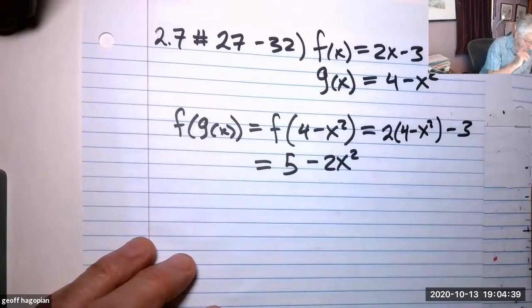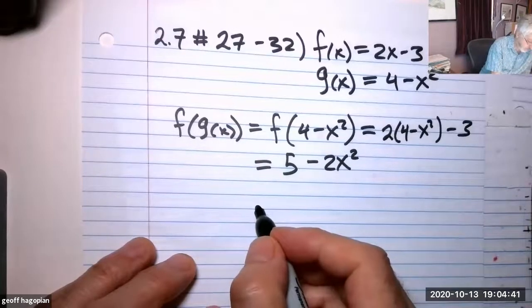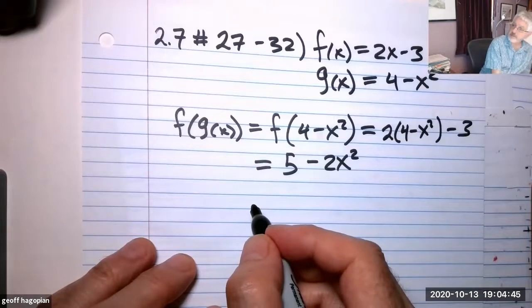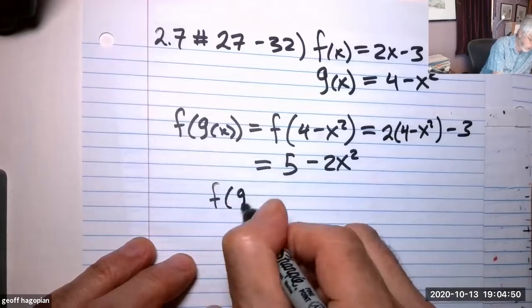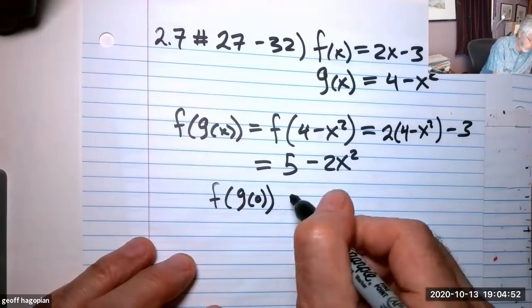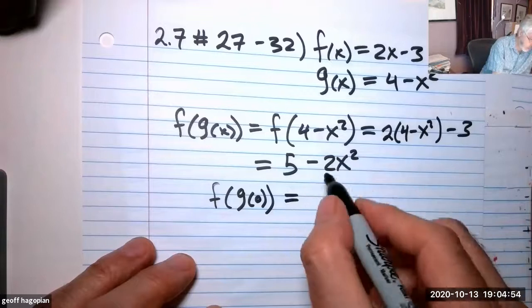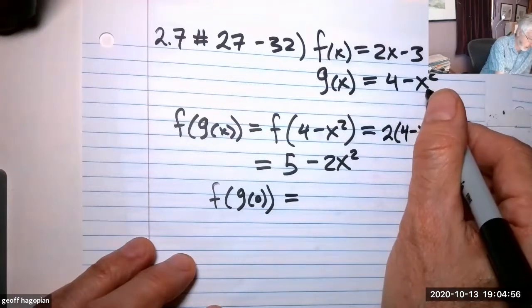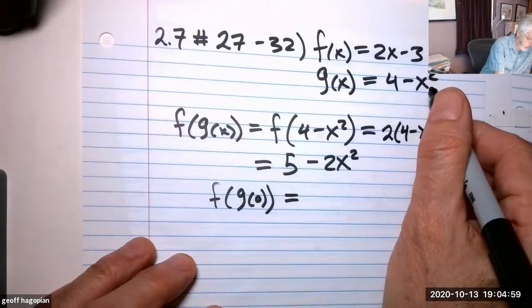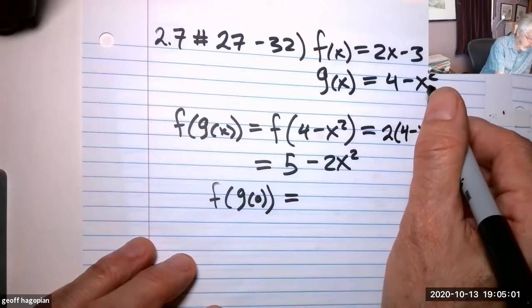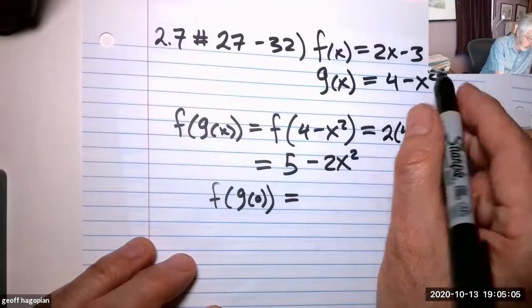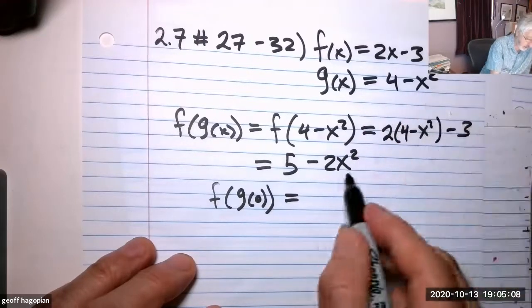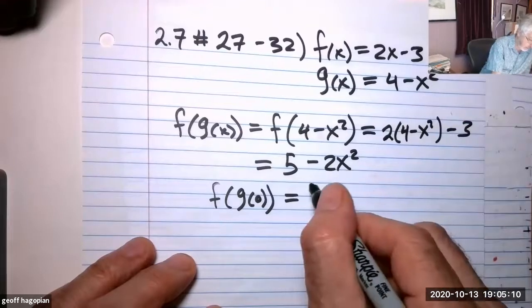All right, so f of g of 0 is just going to be 5, right? And we could say, what's g of 0? That's 4. Oh, that's a good point, yeah. g of 0 is 4, and f of 4 is 5, right? So we could just plug directly into this thing, right?